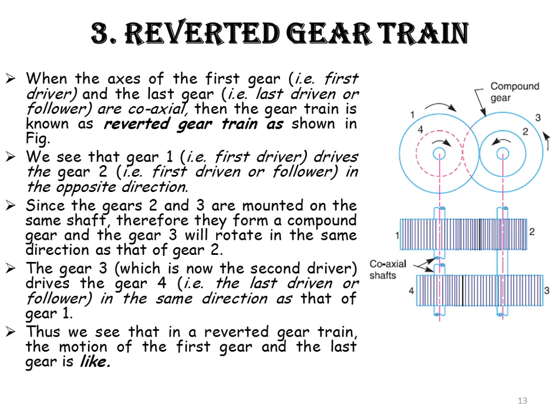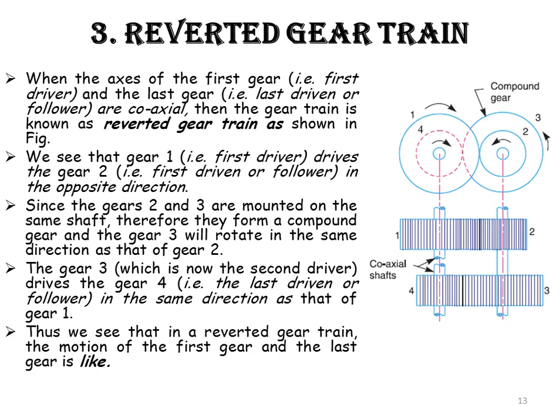You can see 1 and 4 are coaxial, in the same line. Even though they are compounded by 1 and 2, and 2 to 3 is again a compound gear, and 3 is back to 4, you can still see the shaft for gears 1 and 4 is the same coaxial shaft. From the figure you can see that. So in this case it is known as the reverted gear train.